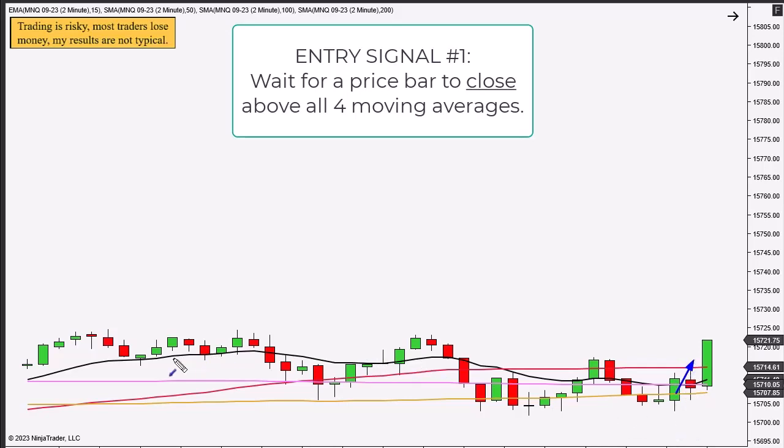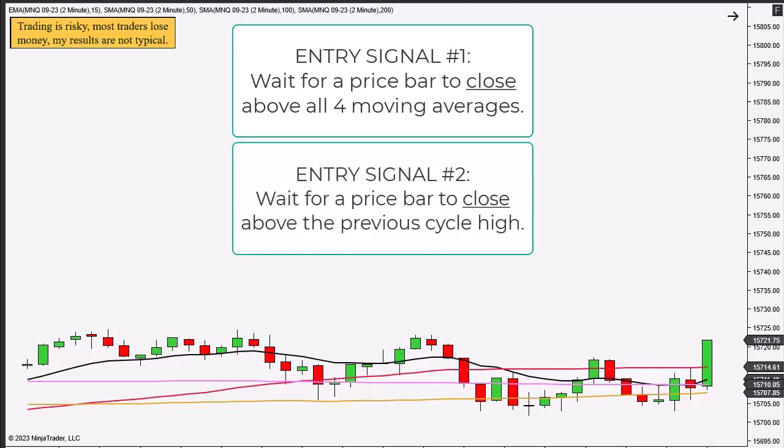Now, you might look back here and say, but Barry, wait a minute. We had price above the upper moving average here and here and here, and that is right. And that's where rule number 2 comes in. And rule number 2 is that not only does it have to break above the upper moving average of the 4, but it also must break above the previous highs. So that's rule number 2.